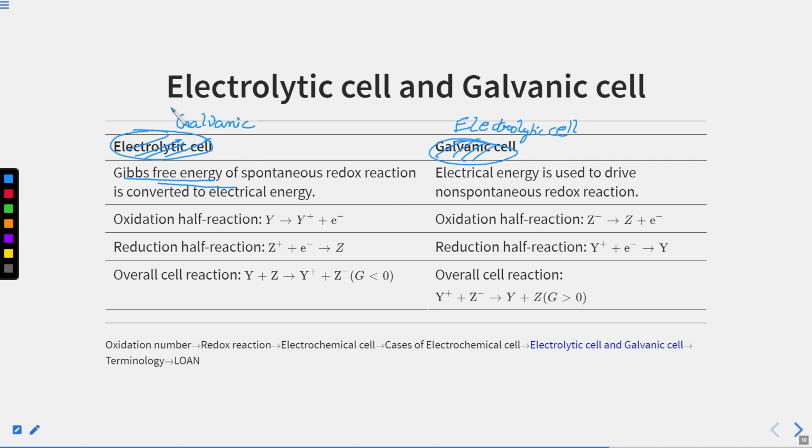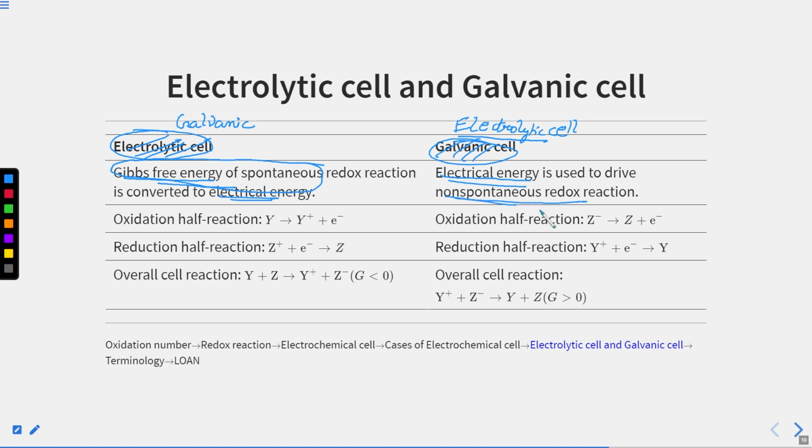So in a galvanic cell, what will happen? The Gibbs free energy of the spontaneous redox reaction, which means this reaction is spontaneous, and the Gibbs free energy of this reaction is converted into electrical energy. And in the opposite case, in the electrolytic cell, what is happening? We are using electrical energy to drive the non-spontaneous redox reaction.